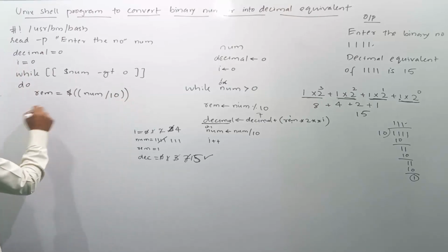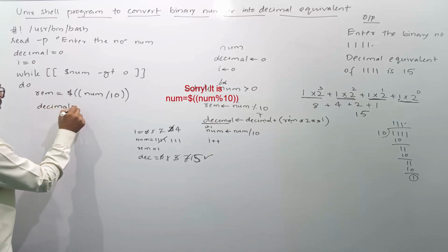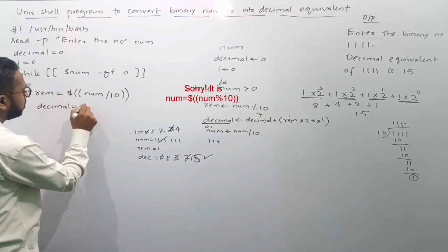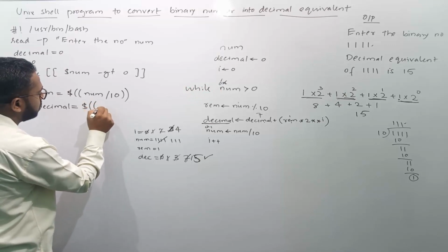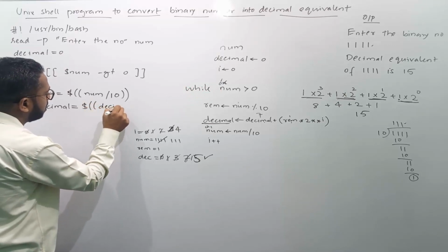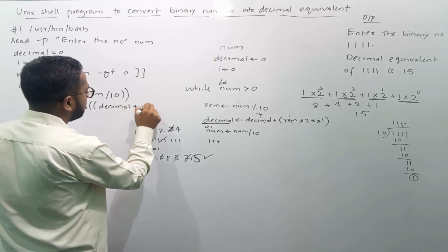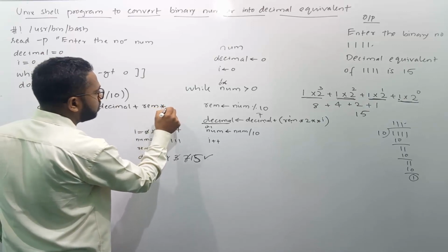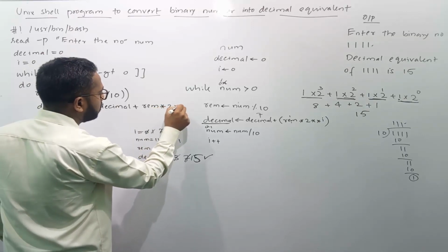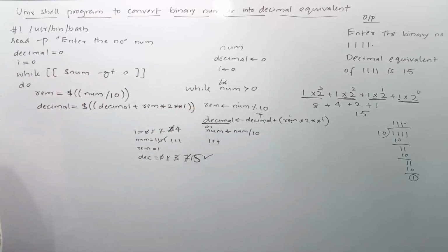Okay. Next, decimal. Decimal is equal to $decimal plus remainder into 2 star star I. Okay.